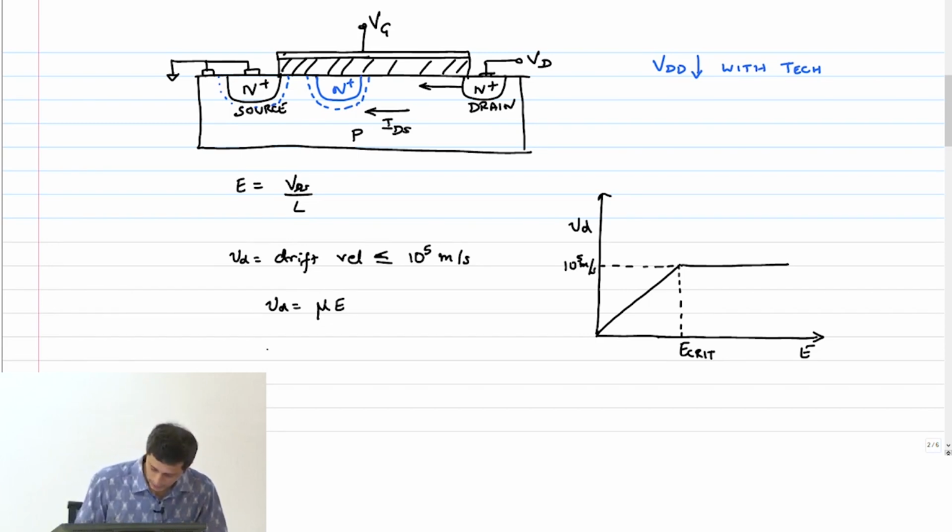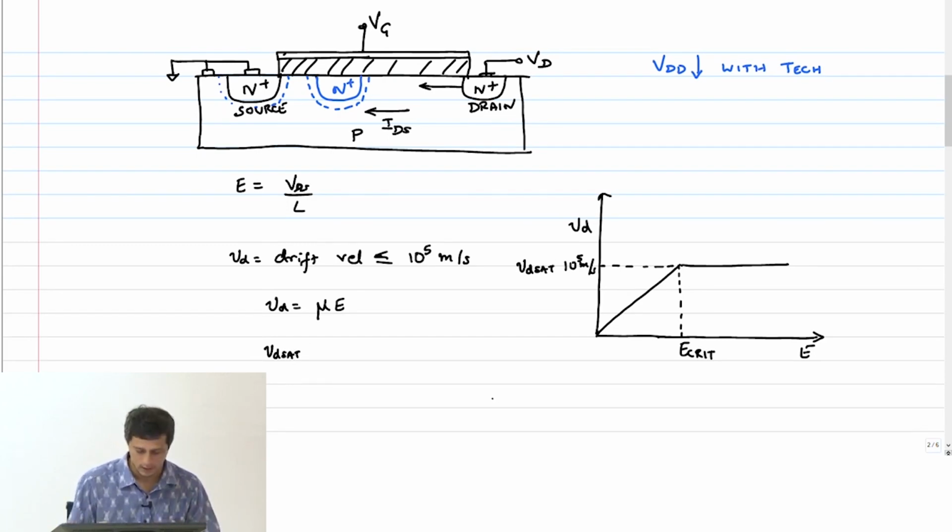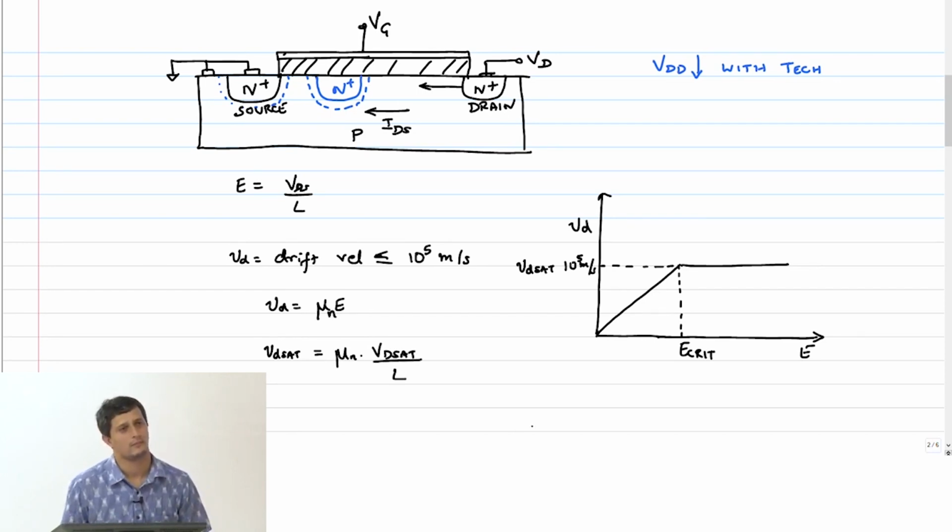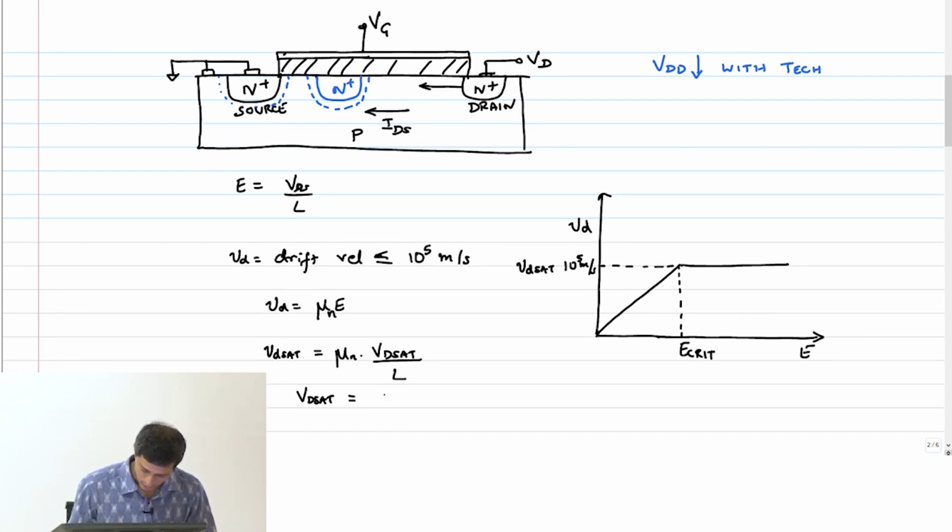Let me call this Vd sat, the drift velocity saturation value. It is going to be mu n into Vd sat by L. Therefore Vd sat is equal to the saturation drift velocity into L divided by mu n.